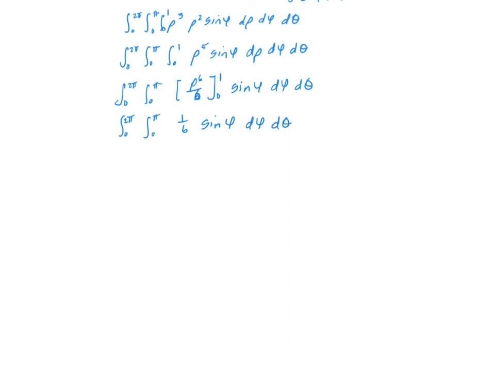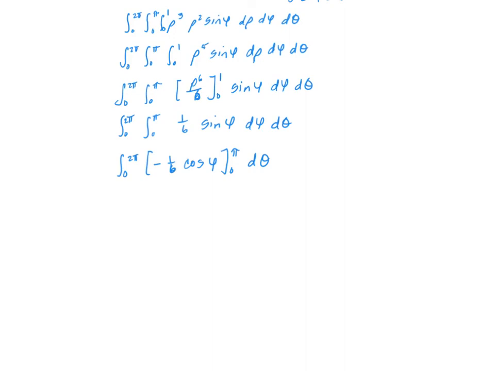Now I'm integrating with respect to phi. So sine of phi would be a negative cosine of phi. So this becomes a negative 1/6 cosine phi, and I'm evaluating this from 0 to pi. Putting in pi, cosine of pi is -1, so that would be a positive 1/6, minus cosine of 0, which is 1.